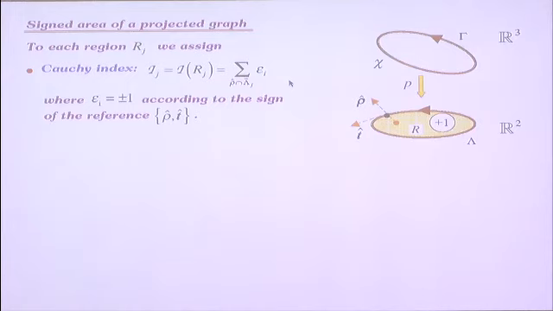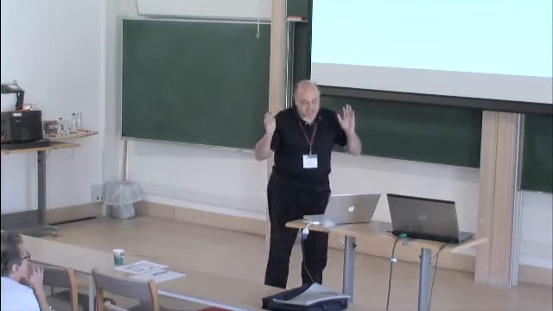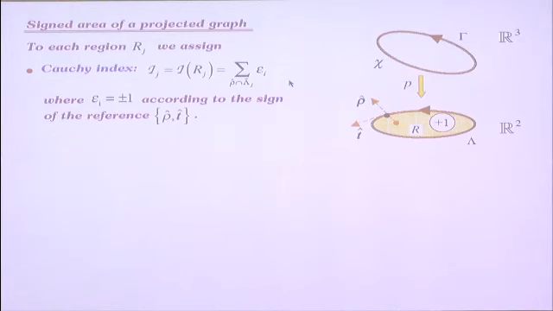But maybe you cross a number of arcs, and so you add up this information to this index. I call it Cauchy index. I told you, just to be on the safe side, I think it makes sense, but I cannot justify it. The name has some meaning for me, that's all.